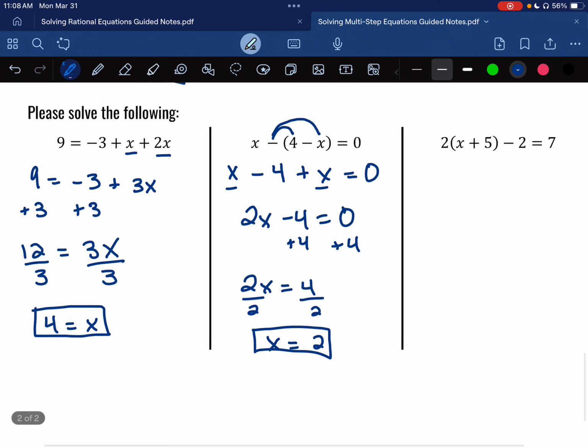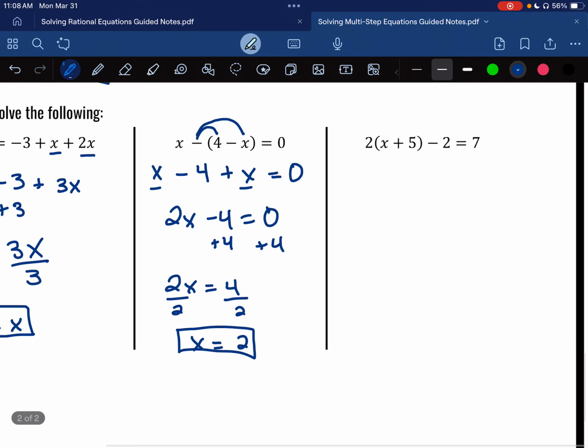Last but not least, here we can start moving the 2 over and then divide by 2, or we can distribute. I know a lot of times students' first inclination is to distribute, so if that's your instinct, let's go ahead and do that. Now I can combine these like terms here.